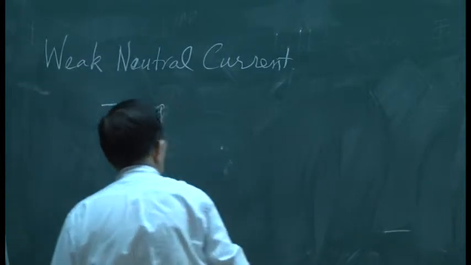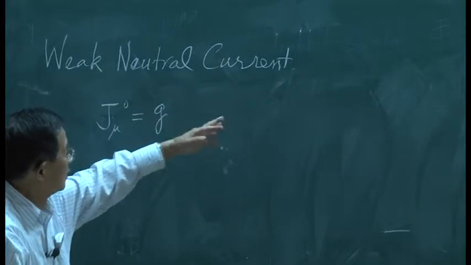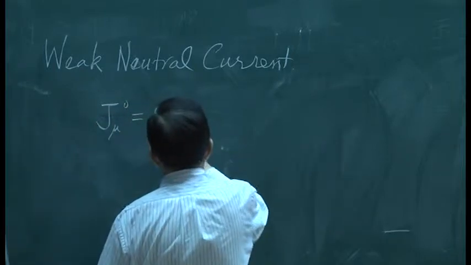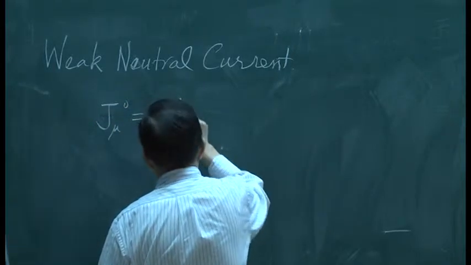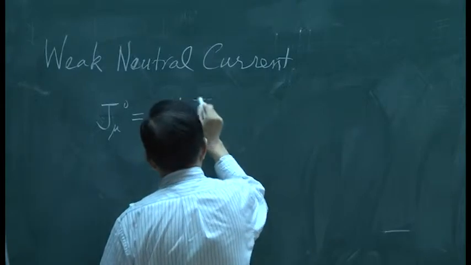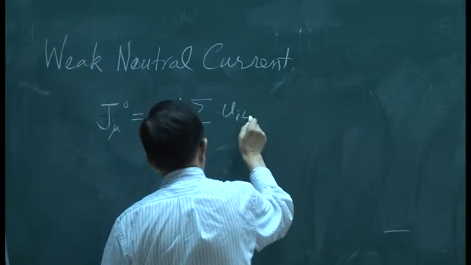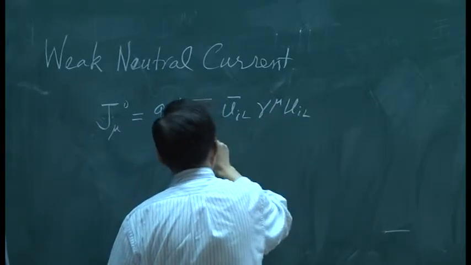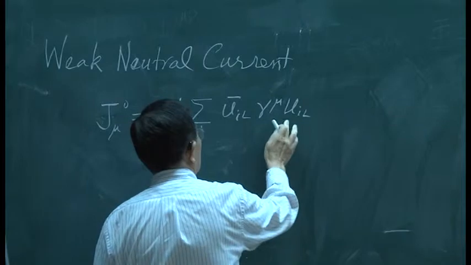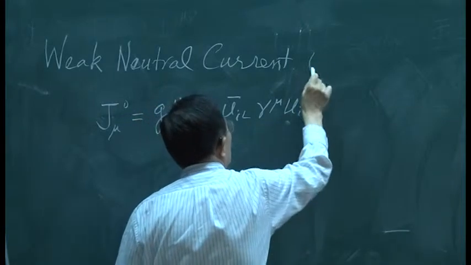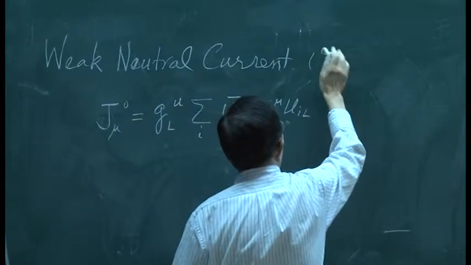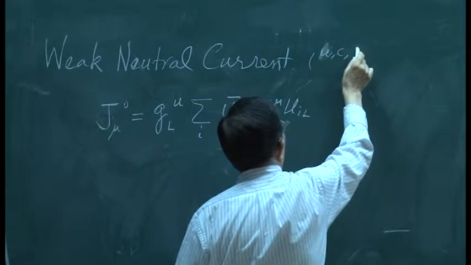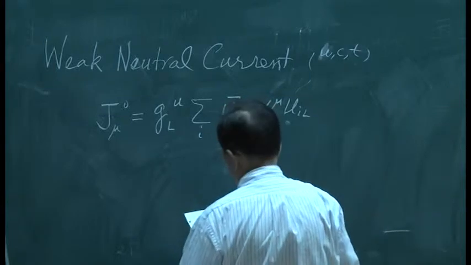You can find the form for the neutral current in the textbook. And basically, you don't have to know everything, just know the fact that u_iL gamma mu u_iL, and each i corresponds to u, c, top, like that.